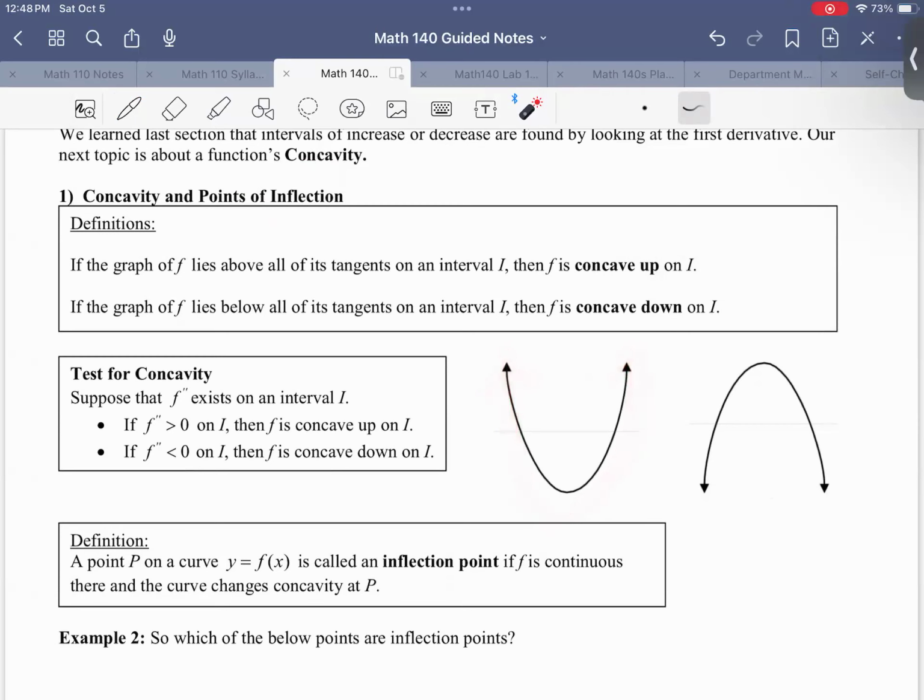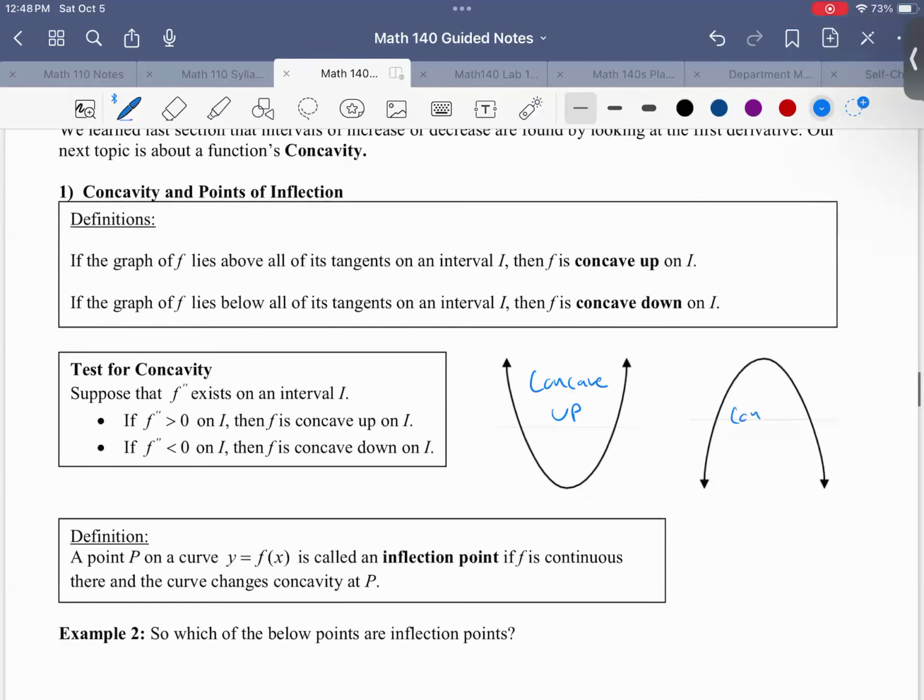You can think about it as like a U. If it's pointing up, it's concave up. And likewise, if it's upside down, the shape of a bell, this one is concave down. Okay, so that's just the graphical representations of them.